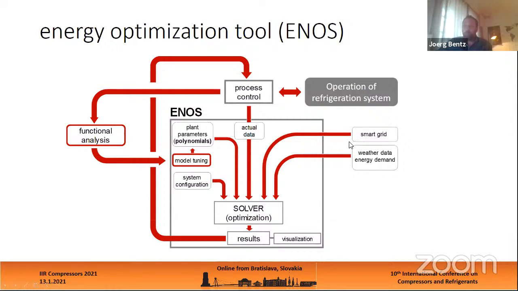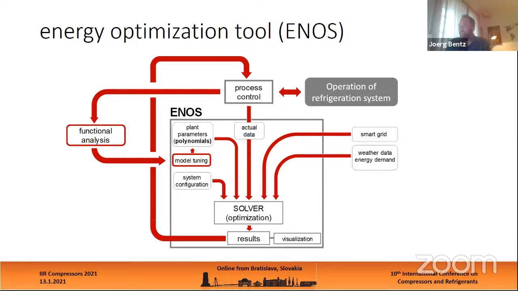Further, we have some optional inputs like a smart grid, to take into account the actual electricity prices, or the weather data or energy demand for the system, to give this system the opportunity to look a little bit into the future and adjust the operation of the system according to the outer data.